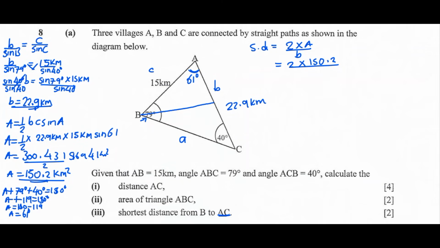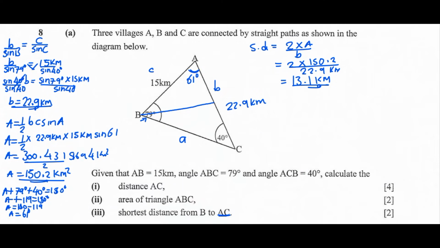Where the line is touching is the base, which is 22.9 kilometers. So if we do the mathematics, times 2 divided by 22.9, I'm getting 13.1 kilometers as our shortest distance.